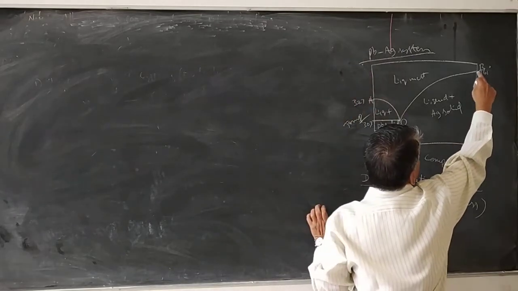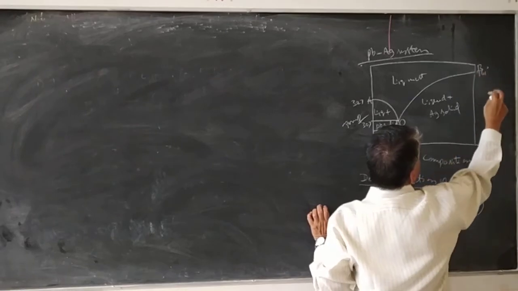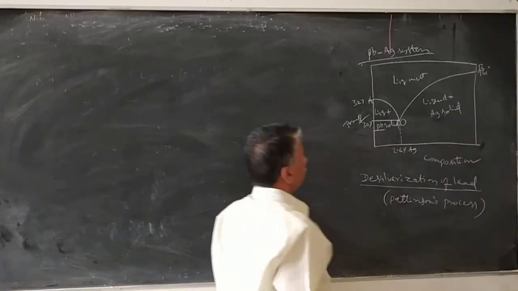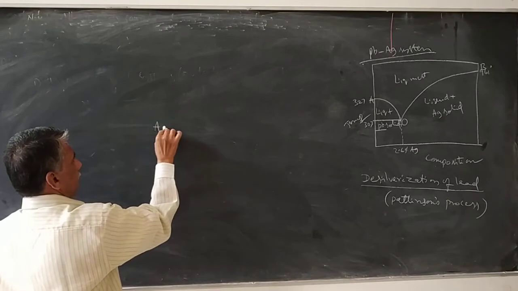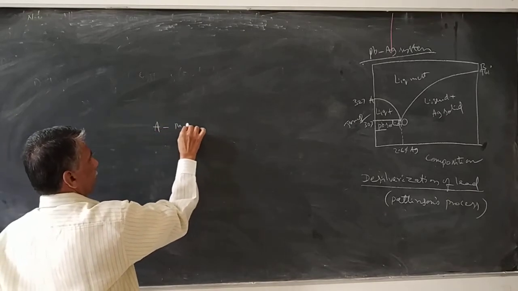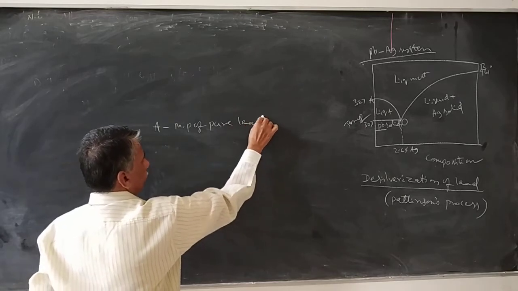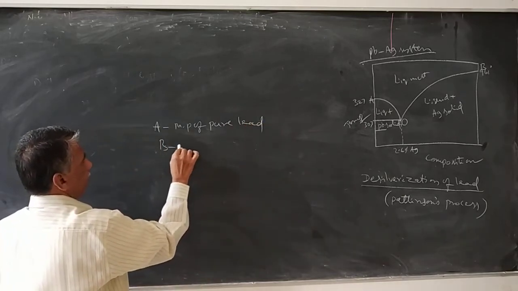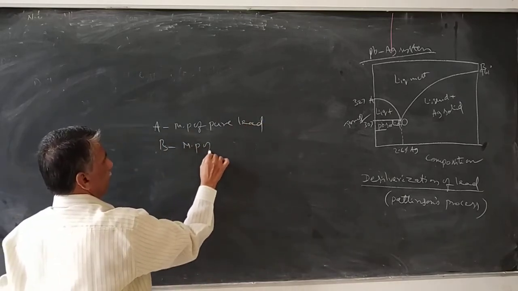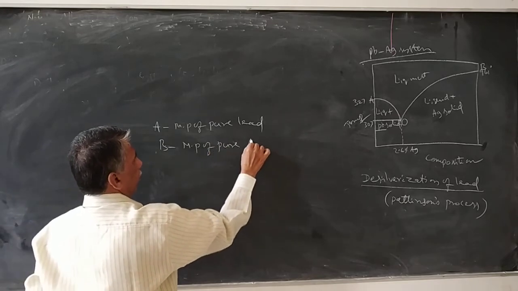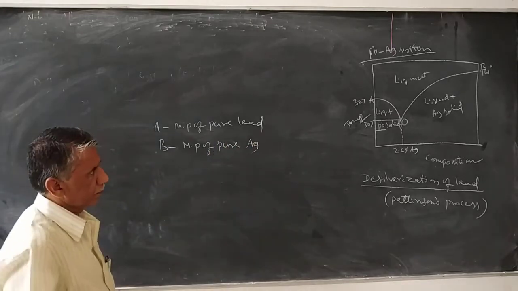Point B represents the pure melting point of silver. Okay. A is the melting point of pure lead. B is the melting point of pure silver.